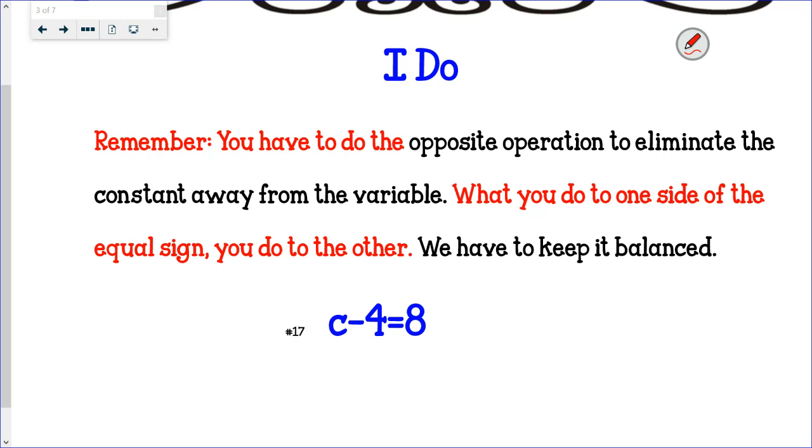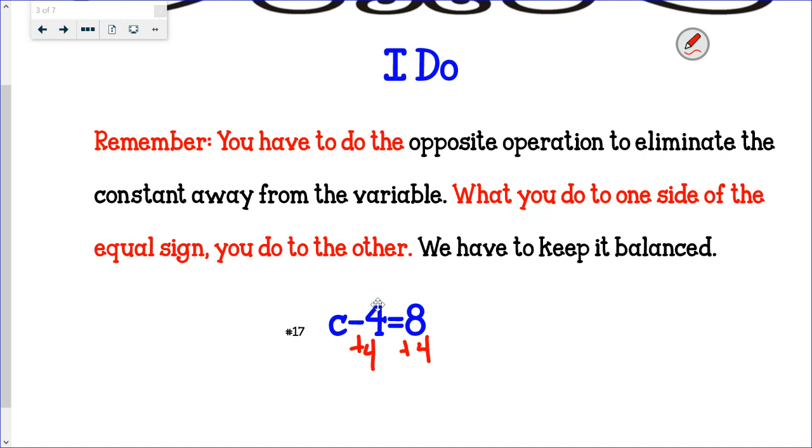So on your worksheet, number 17 is this one we're doing here. So c minus 4 equals 8. So our goal is to get c by itself. So to move the negative 4 away, we have to do the opposite operation. So the opposite of minus 4 is to add 4. And what we do to one side of the equals, we have to do to the other.